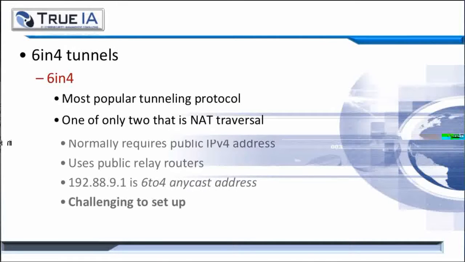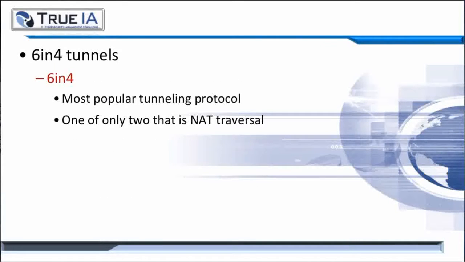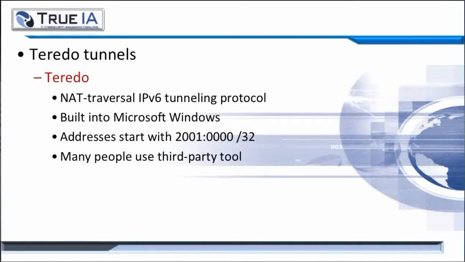So understand, when doing IPv6 tunneling, there's really only two options to choose from. 6 and 4, which is the most popular tunneling protocol. As a matter of fact, it's one of only two that is NAT traversal. The other being Teredo. It's built into Microsoft Windows, and many people have to use a third-party tool to configure it.